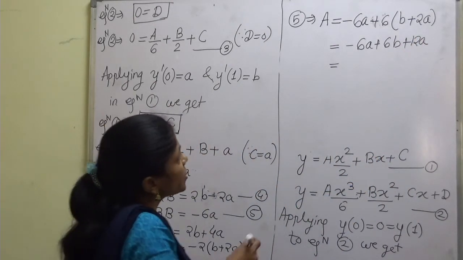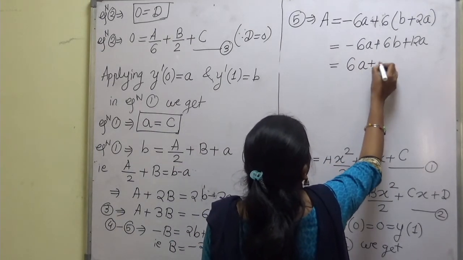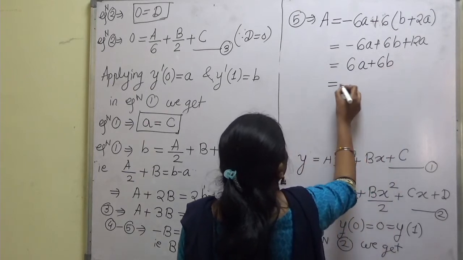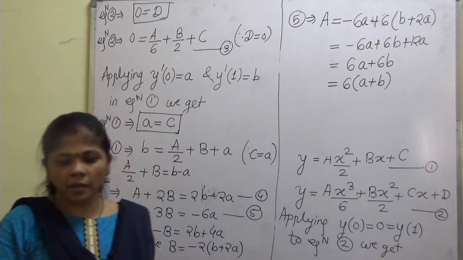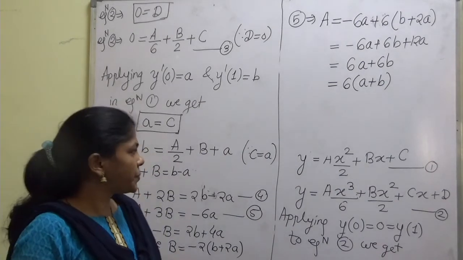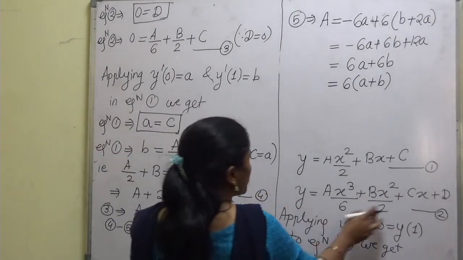So what we will get? Yes, so this will be 6 times a plus 6b, 6 common, a plus b, right? So in this way we have the values of a, b, c, d. Let us put this in equation number 2.